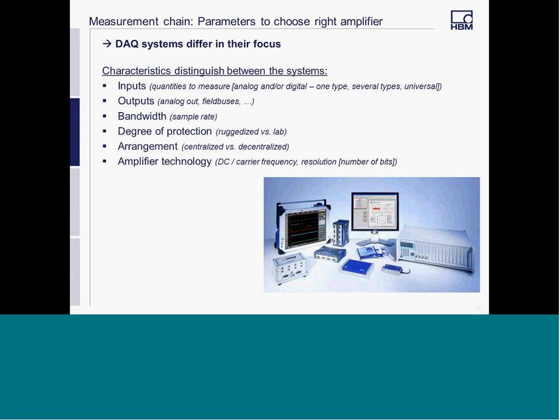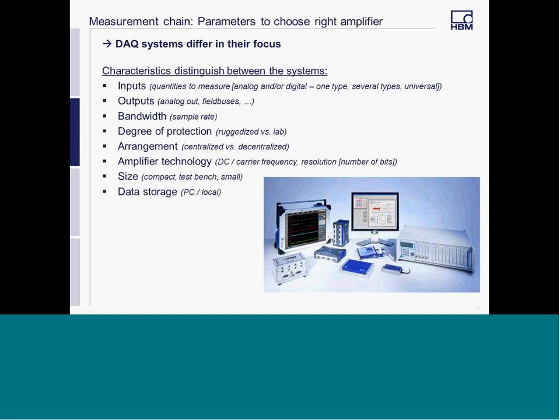Also the resolution, number of bits, is a question. The size. Do I need a 19-inch rack, or do I need a very small one because I have to test something on my skis? And I don't want to have a big package on my back.